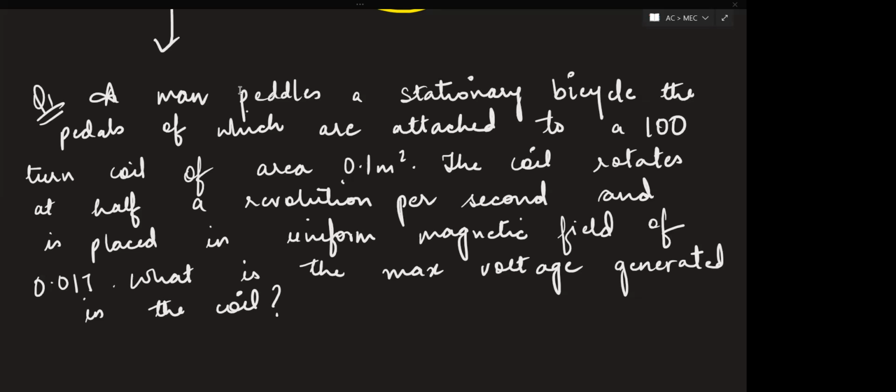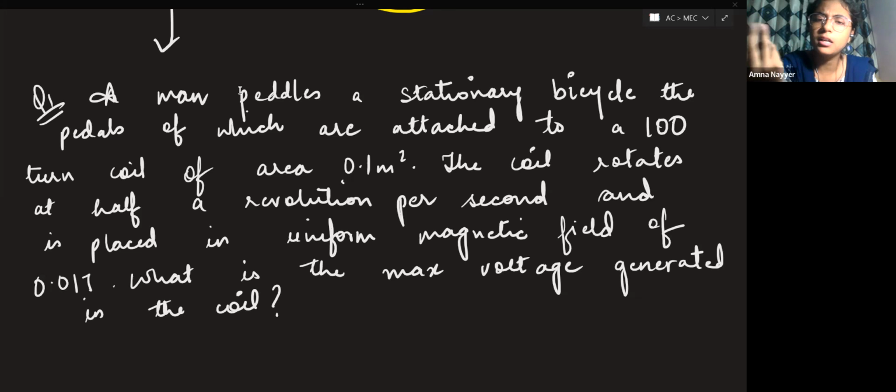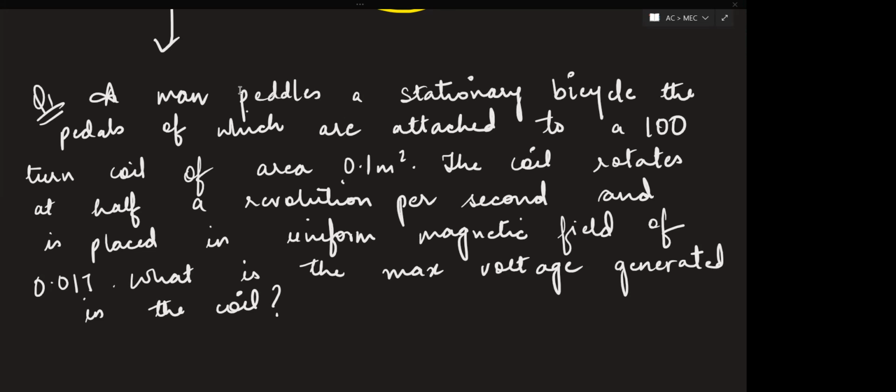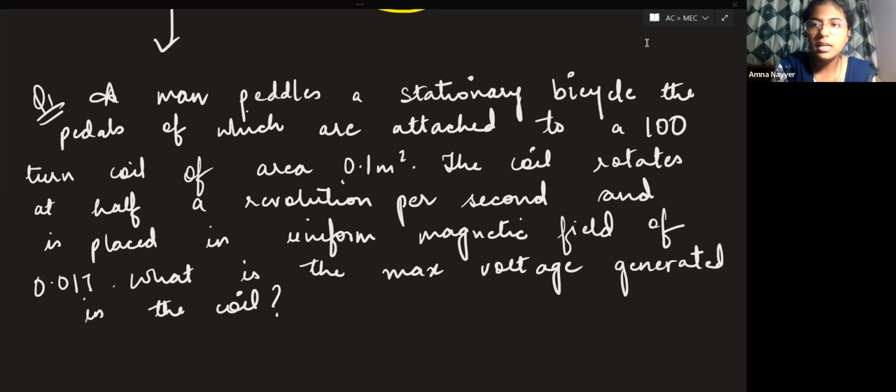Yes, teacher, we need to use the formula BA omega. Perfect. The question says a man pedals a stationary bicycle, the pedals of which are attached to a 100-turn coil.